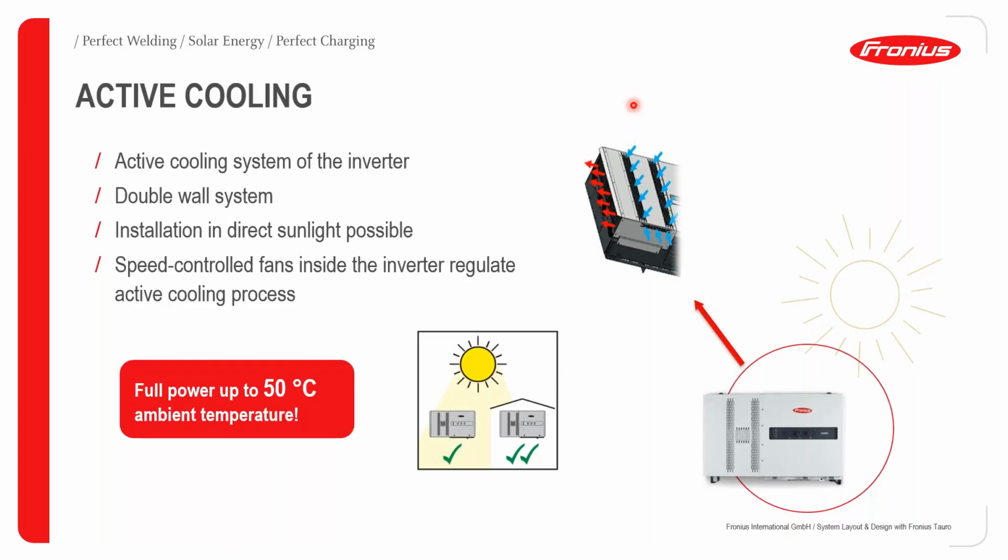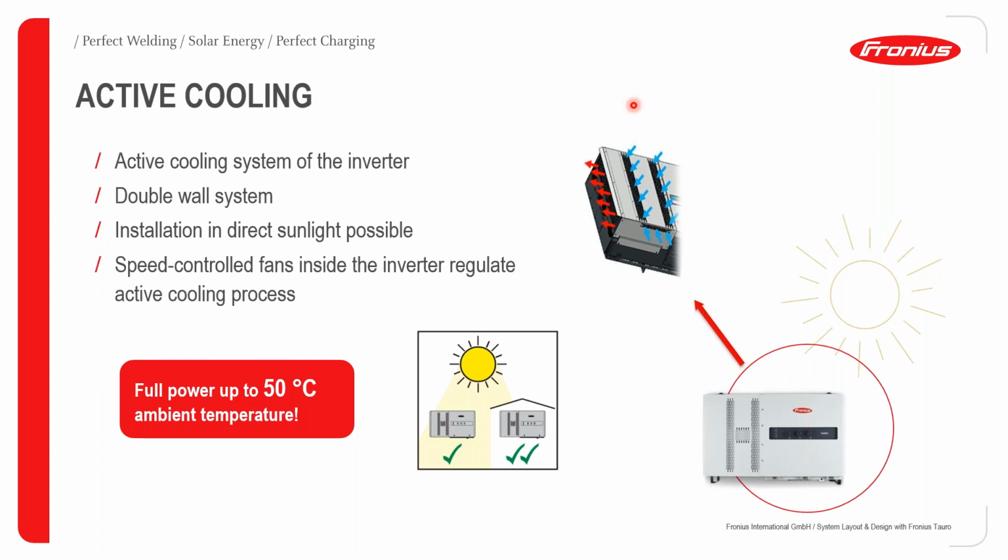So let's now look at one of the key attributes about the Fronius Tauro inverter that will make it able to operate even at 50 degrees Celsius at full power. As you know, with all Fronius inverters, we employ active cooling. So we are not using passive cooling in any Fronius inverter.